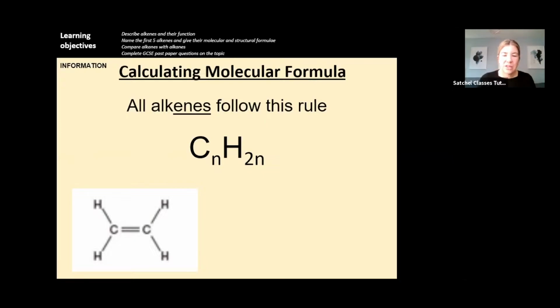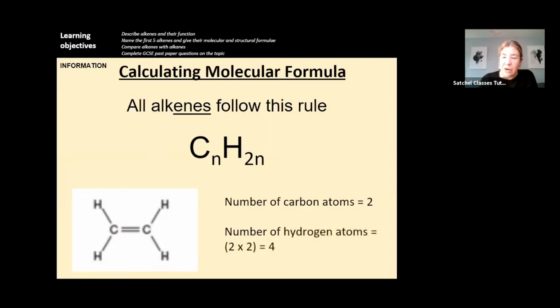For example, let's look at ethene down here. The number of carbon atoms is 2. The number of hydrogen atoms, if we're following this general formula, Cn, n being the number of carbon atoms, let's plug 2 in there.